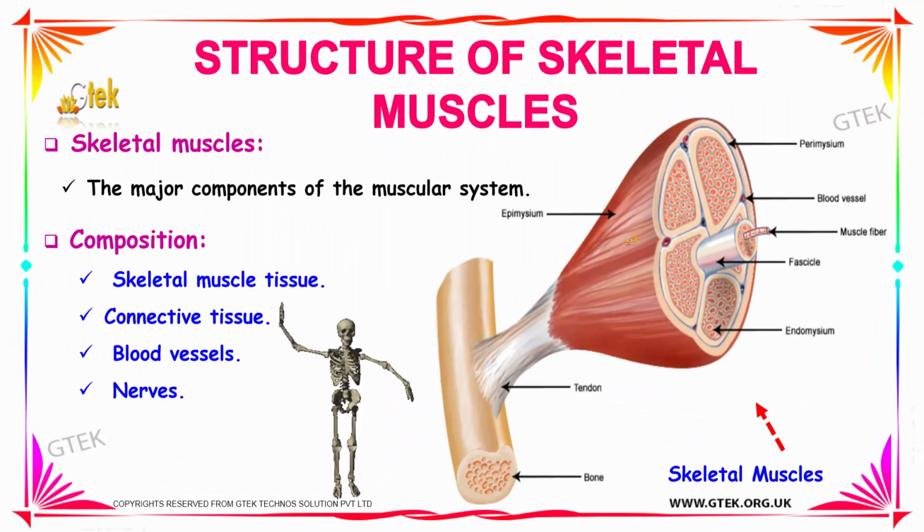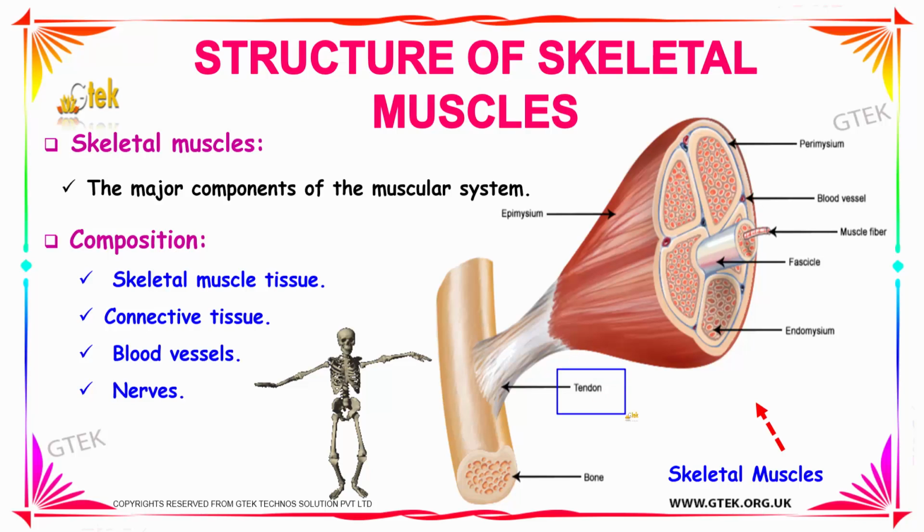So, as you can see, the structure of the skeletal muscle has the following parts: your skeletal muscle tissue, your connective tissues such as your tendons, the blood vessels that you can find in your muscle, and you have nerves which control the muscle.